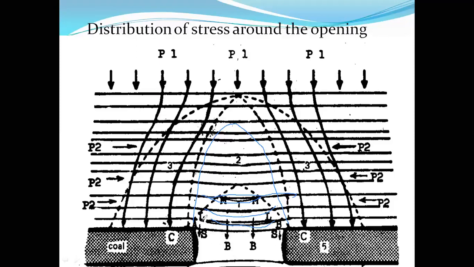How exactly does roof fall happen? Look here. This is a kind of beam. It's sagging. If I don't provide support, it leads to the development of some kind of crack, which results in collapse. This is what is known as roof fall.